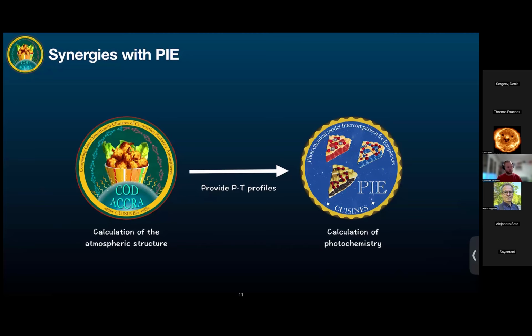One possible collaboration could be that someone in COD ACCRA computes PT profiles for specific conditions, and then people from Pi use these PT profiles to compute the photochemistry. So there is, we think, a lot of stuff to do. It's just the beginning of the discussion, but stay tuned for this.